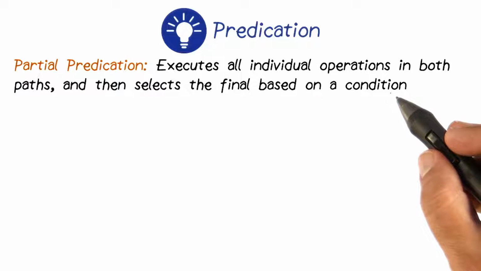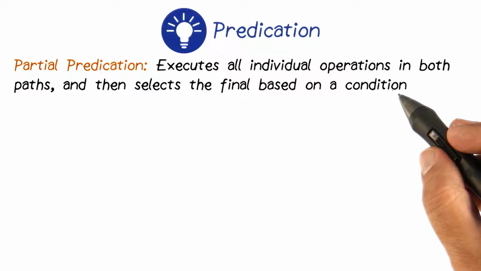So a different mechanism here is partial predication. What is the difference between full predication and partial predication? Remember that in the previous slide we looked at full predication, in which we had a tag associated with an instruction and the commit of that instruction was dependent on the tag.